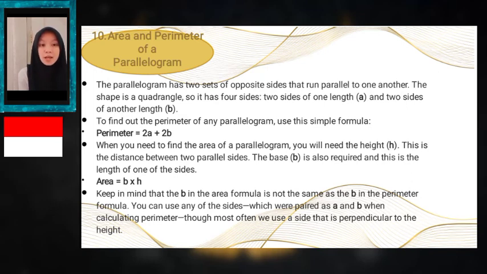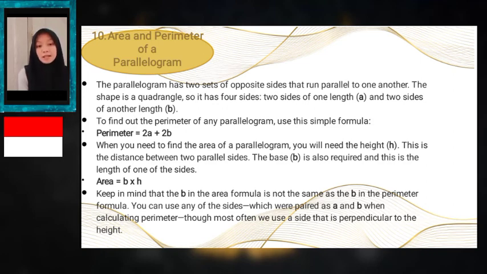Perimeter is 2A added to 2B. When you find the area of a parallelogram, you will need the height. This is the distance between two parallel sides. The base is also required, and this is the length of one of the sides. Area is B multiplied by height.